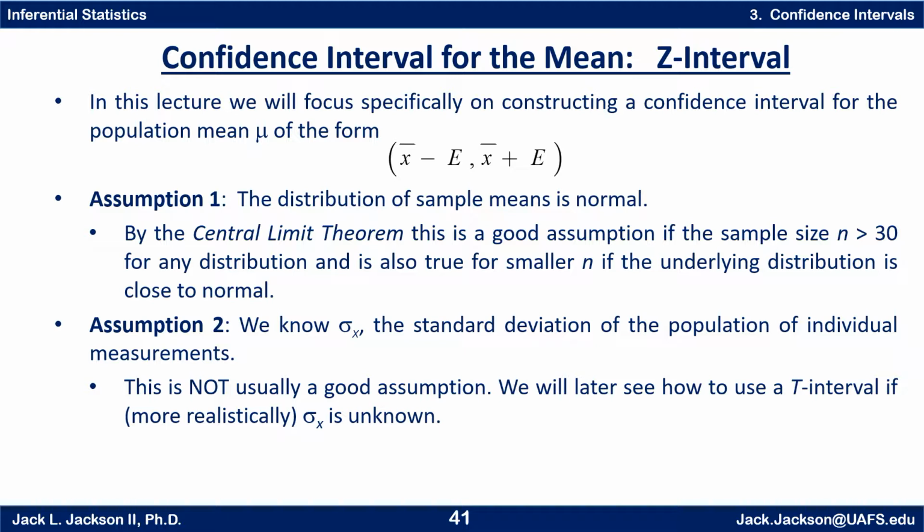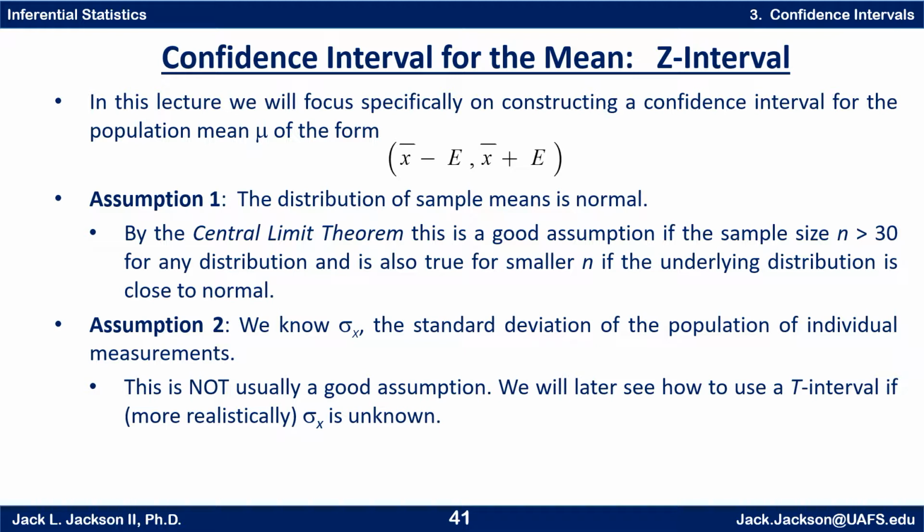It's also true for smaller sample sizes, smaller values of n, if the underlying distribution is close to normal. The second assumption is that we know the population standard deviation, sigma sub x, for the individual measurements. This is usually not a good assumption. We will later show how to use a t-interval if, more realistically, sigma sub x is unknown.